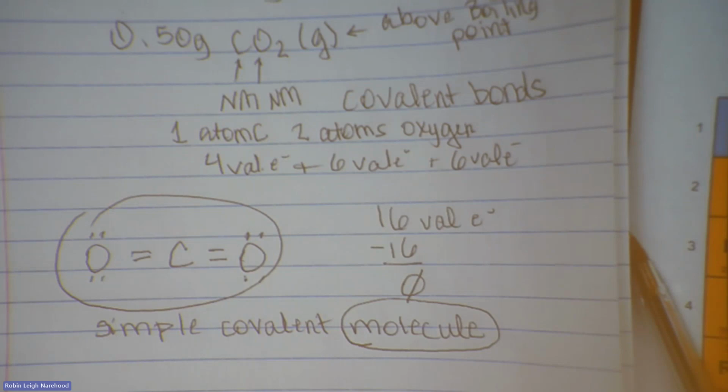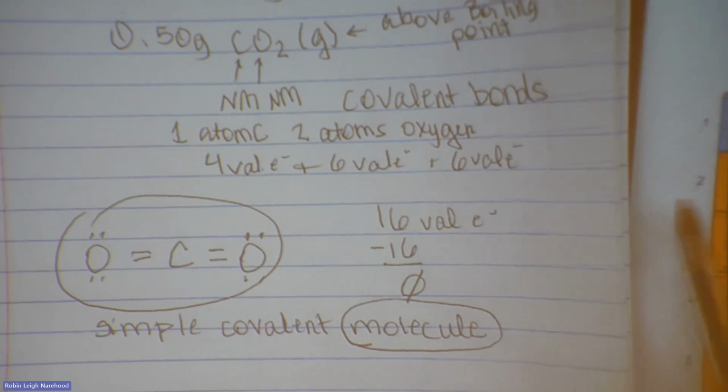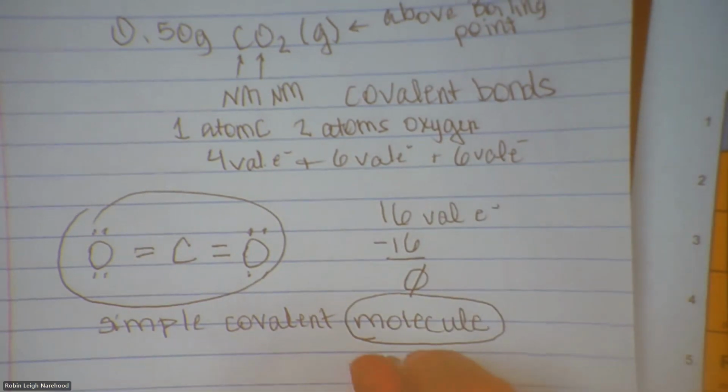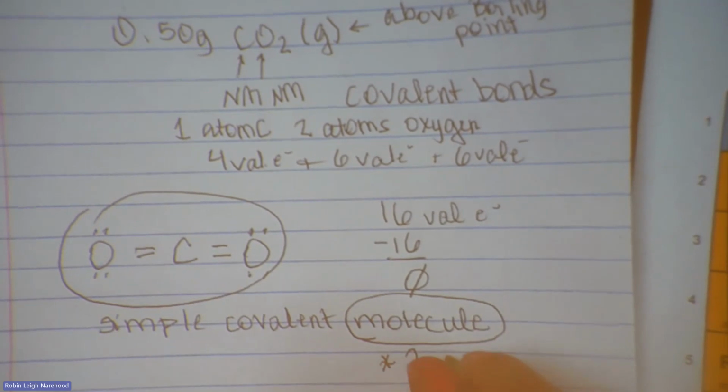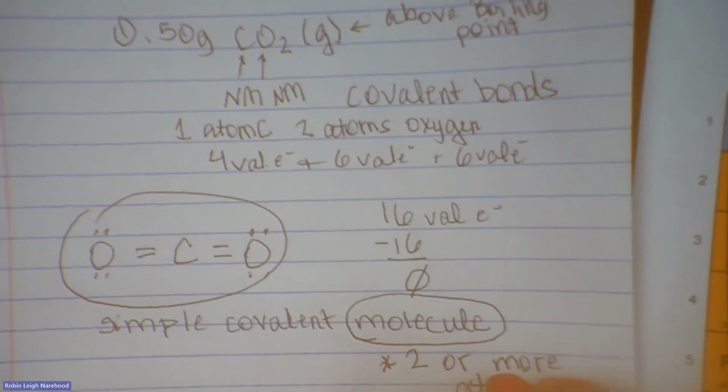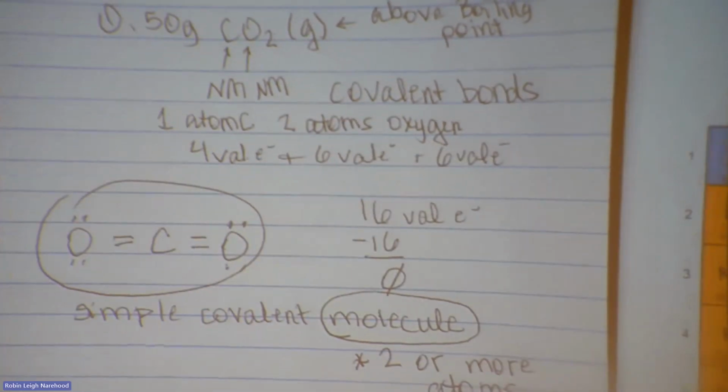So what does it have to be a molecule? There are 3 things that have to be true to be a molecule. And there are a lot of molecules out there, so this is not some kind of rare thing that happens. To be a molecule, there has to be 2 or more atoms. What I mean by that is there can't be 1.